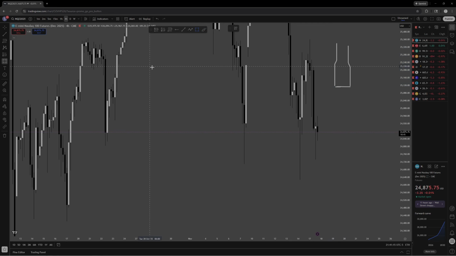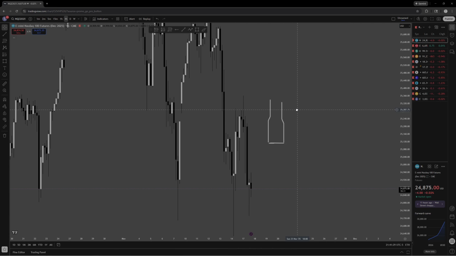Now that's just an idea to keep in mind. It will not play out 100% of the time, and a lot of the times it creates a lower wick almost immediately. And can price continue to trend up higher before returning lower? For sure. But you have to combine this with other things.